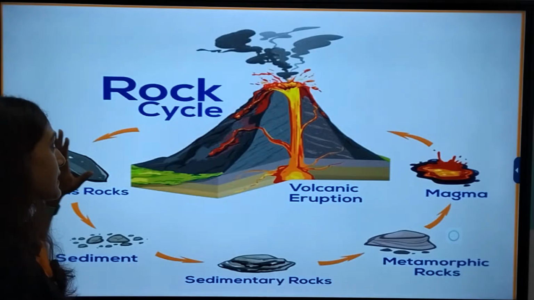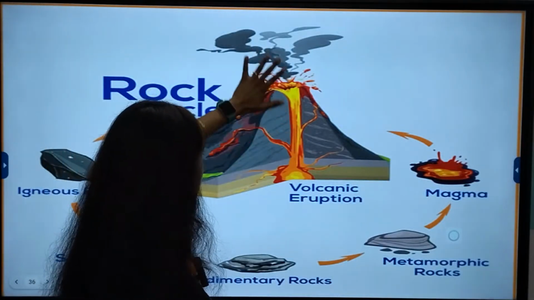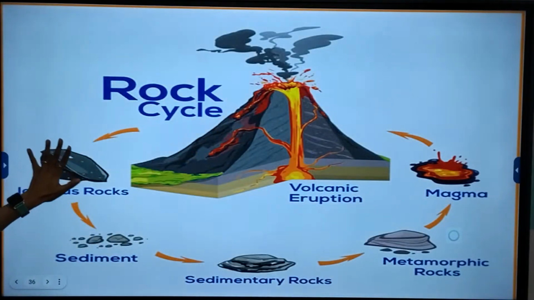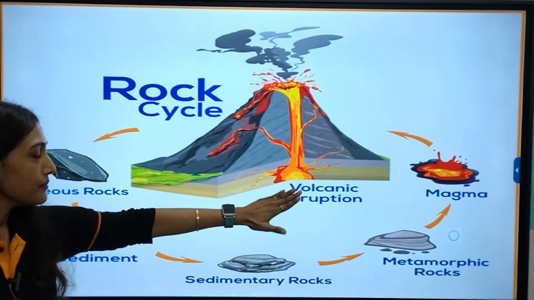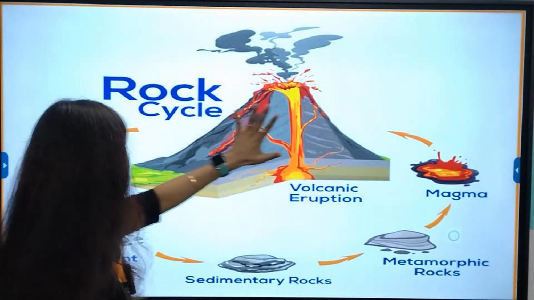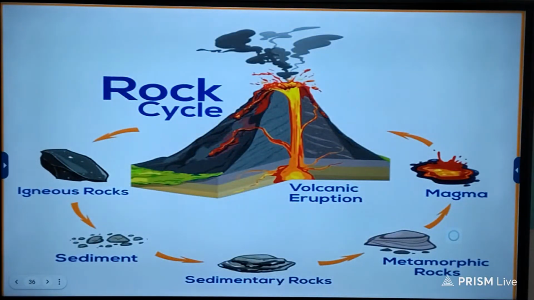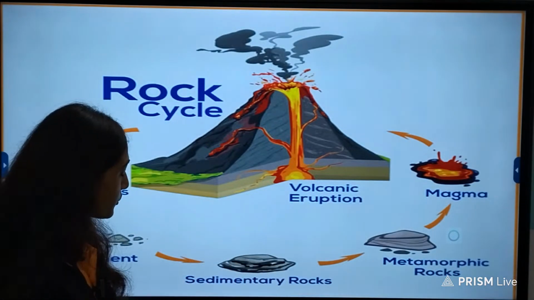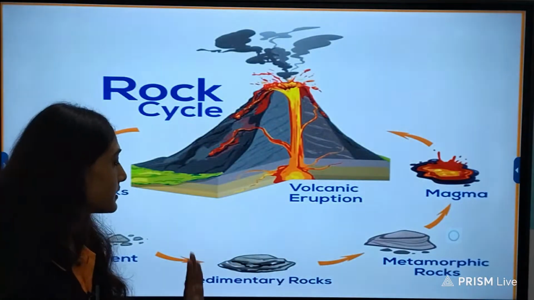What is the rock cycle? See, first a volcanic eruption is occurring. Then with time, this is cooling down and forming igneous rock. These igneous rocks are breaking into sediments. And again, the sediments are getting deposited and forming sedimentary rock.